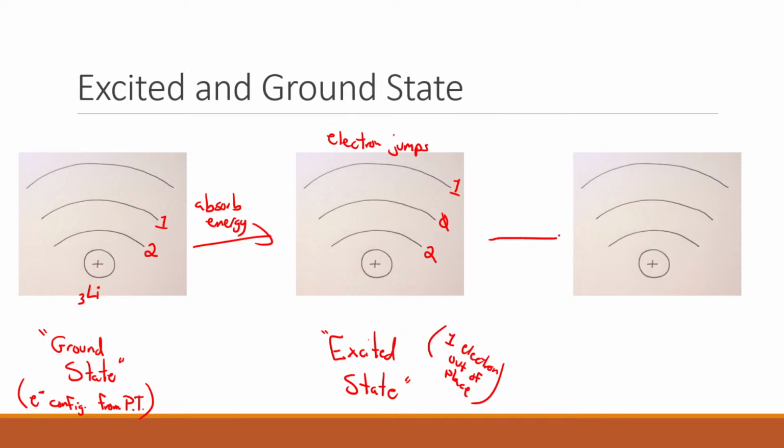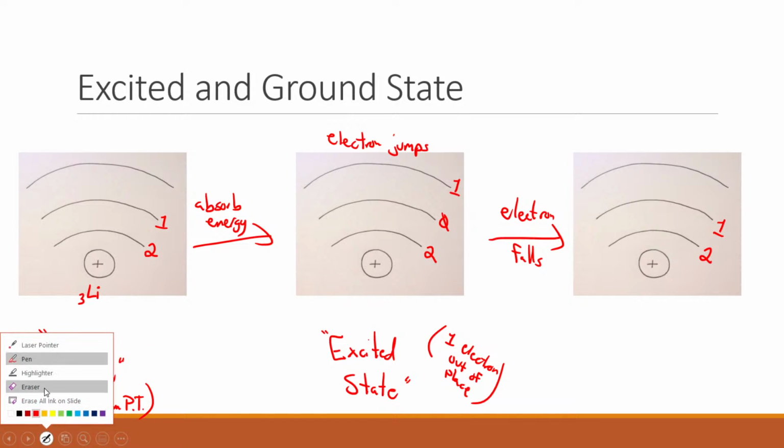And then the electron falls back down. The electron returns to where it started. But again, we want to think about, we absorbed energy, which made the electron jump. When the electron falls, we should release energy. And we do.